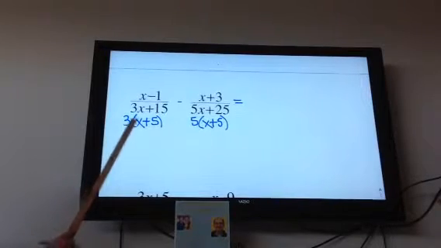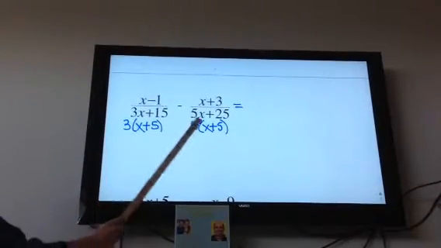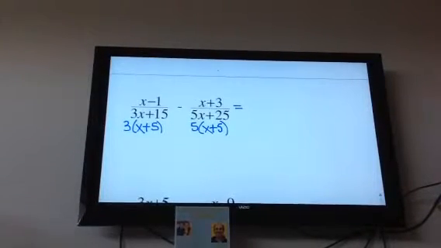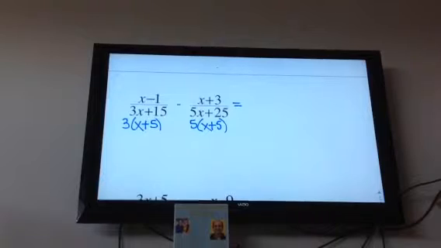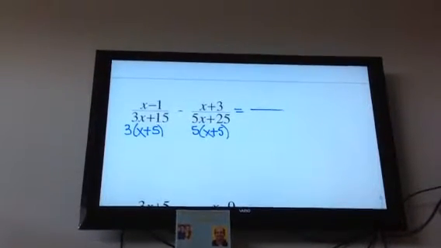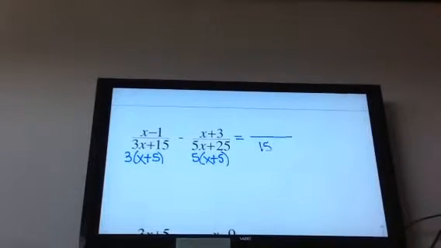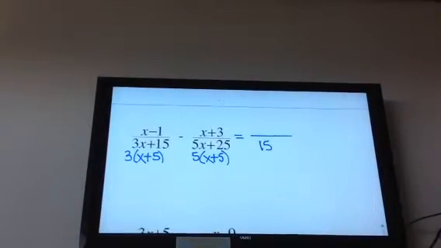So both denominators have a constant or coefficient term. So think of putting those together like you would do as if you were just adding something over 3 plus something over 5. The common factor for that would be 15. So I take my coefficients and I make a common number for those.